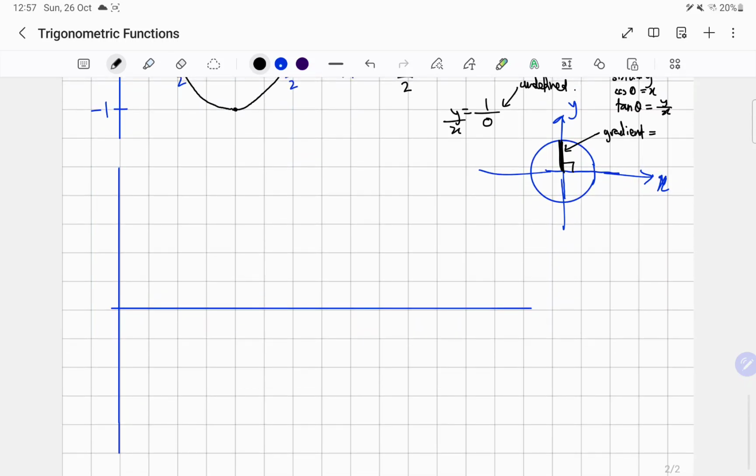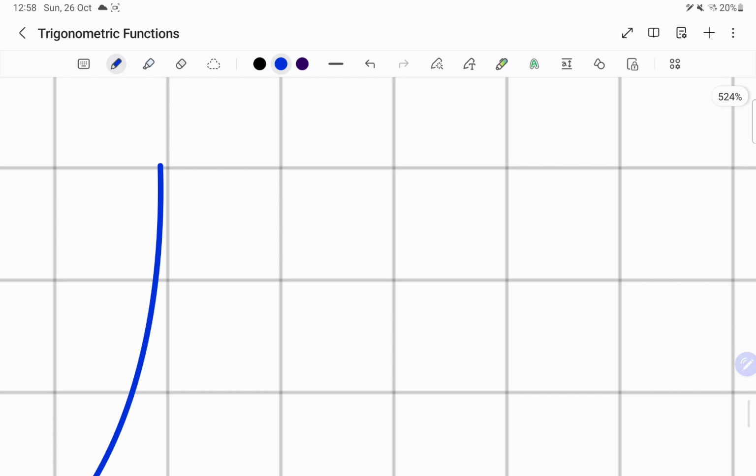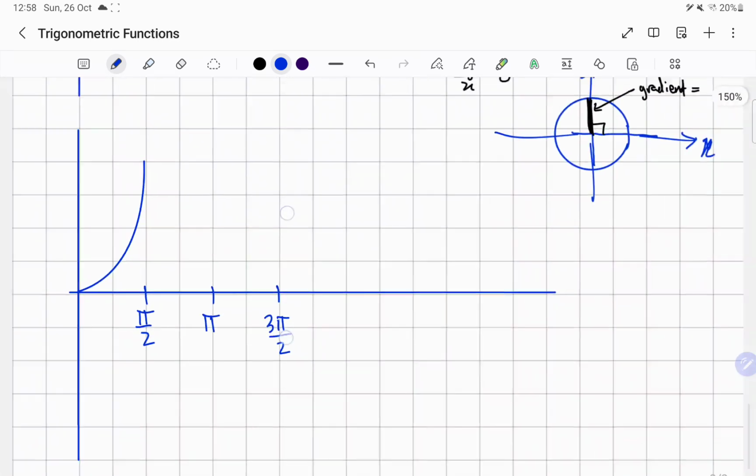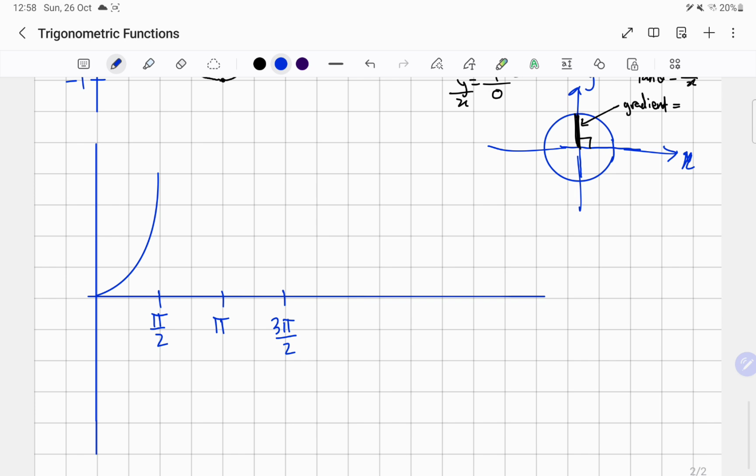So what you see on a graph is that if this is pi over 2, this is pi, this is 3 pi over 2, and this is 2 pi, you start off at 0 and you go up, but you keep going infinitely high. This line will never touch the pi over 2 axis, because when you take tangent of pi over 2, there's no value, it's too big.